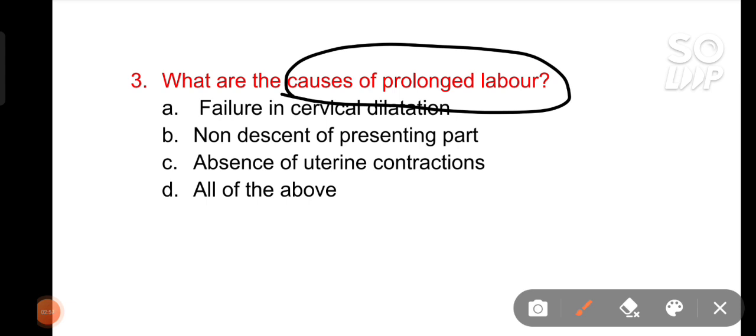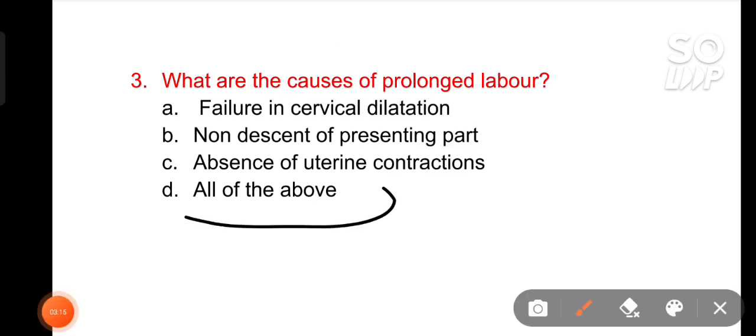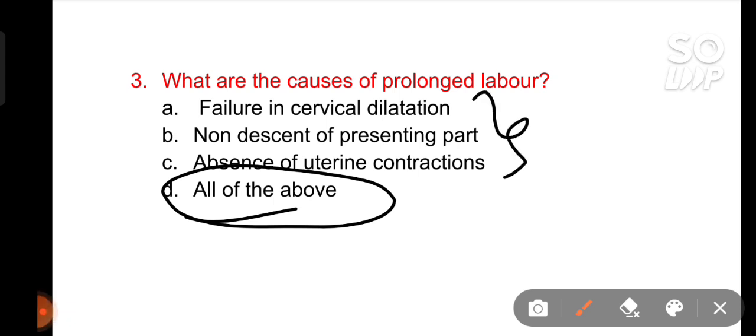The options are: A, failure in cervical dilatation, option B, non descent of the presenting part of the baby, option C, absence of uterine contractions, option D, all of the above. The right answer is all of the above. When the mother has these three conditions, she may go into prolonged labor.